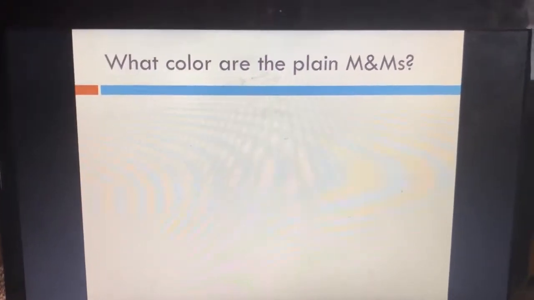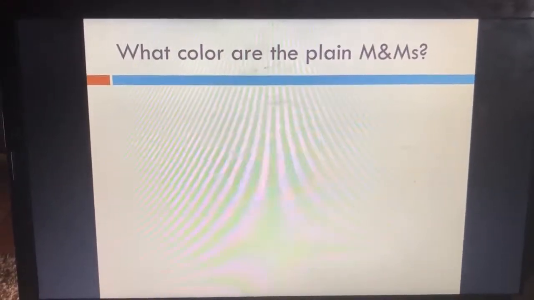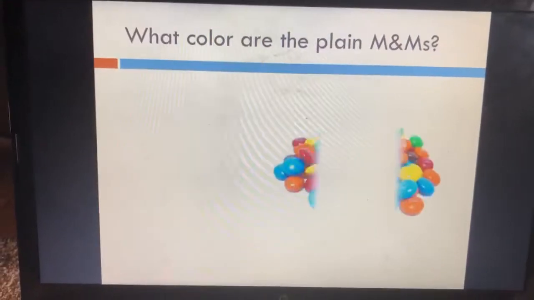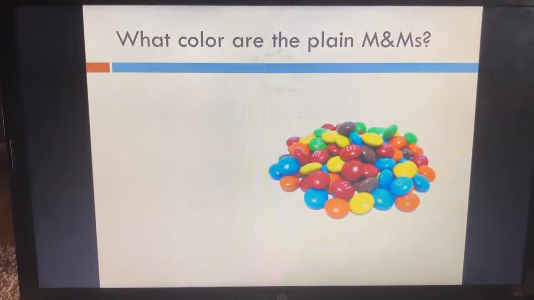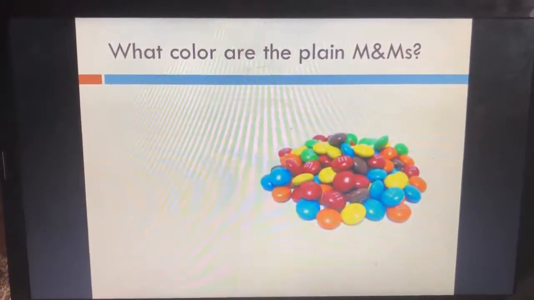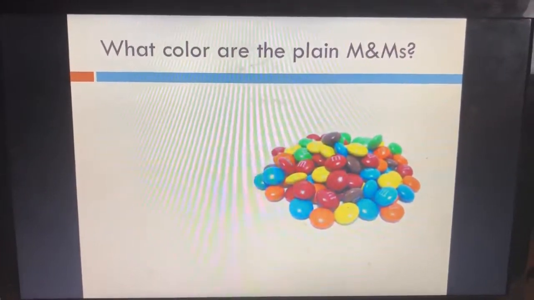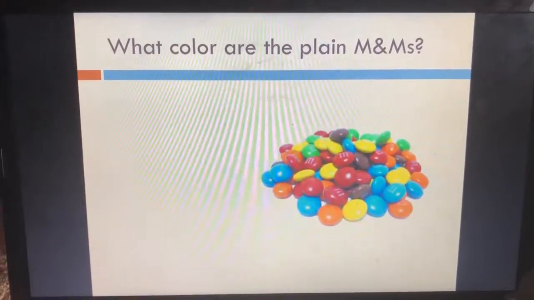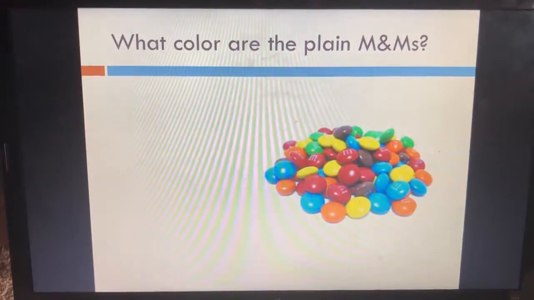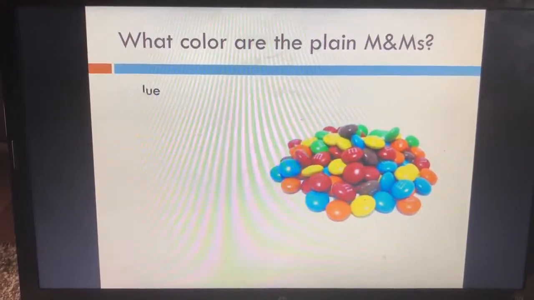So what colors are in the plain bag of M&Ms? If you look at this pile here, you can see that there are 6 different M&M colors that will be in your bag today. And if we list those out, the first color is blue.